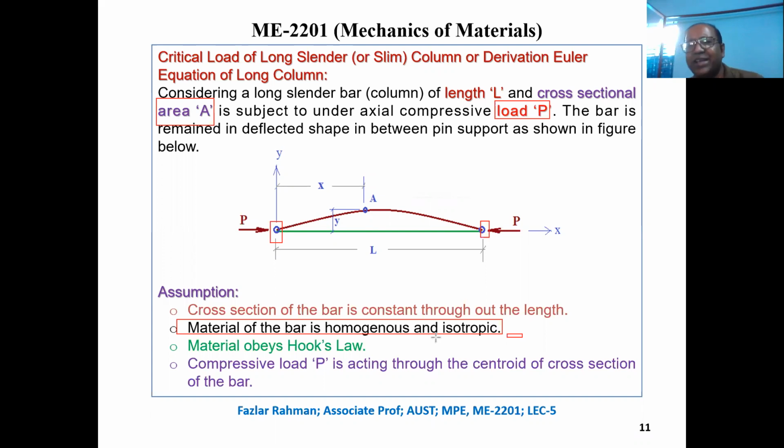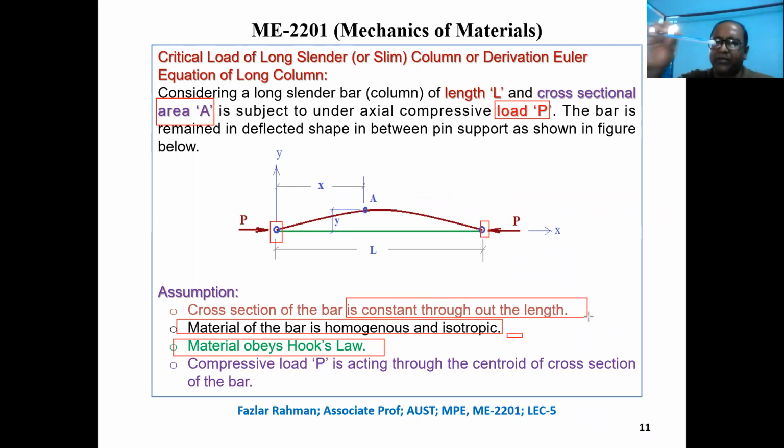Nothing is 100% isotropic, 100% homogeneous. Nothing is 100% pure in the world. The material also follows Hooke's law.